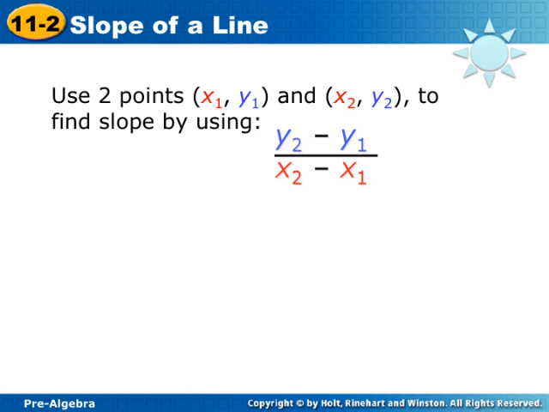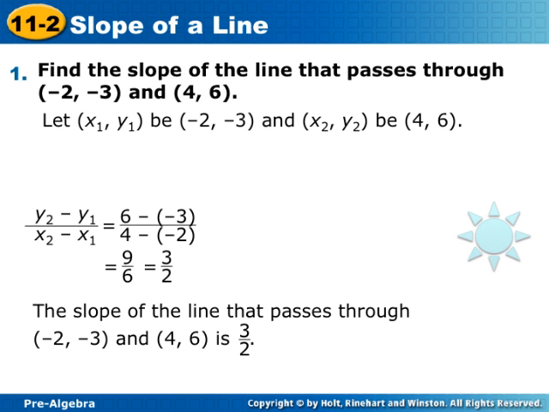You do not need to copy it on the top, but make sure you show the work for the bottom portion. So to find the slope of the line that passes through (-2, -3) and (4, 6), use that slope formula that we just saw, and let's say that x1, y1 will be represented by -2, -3, and x2, y2 will be represented by 4, 6.